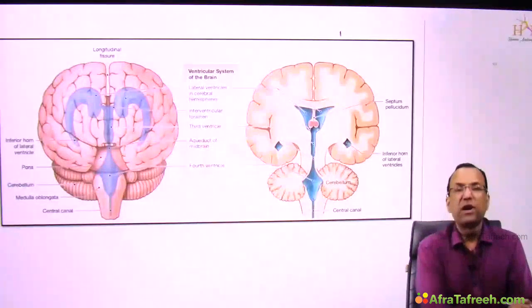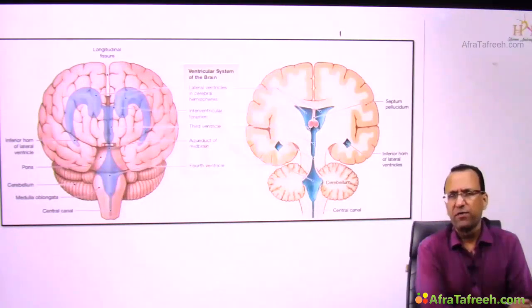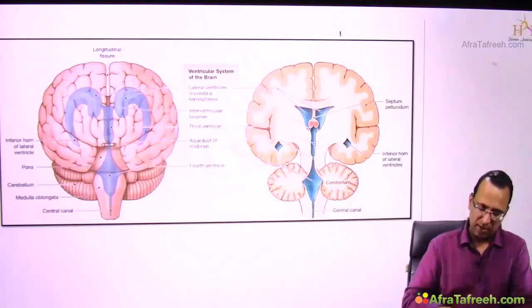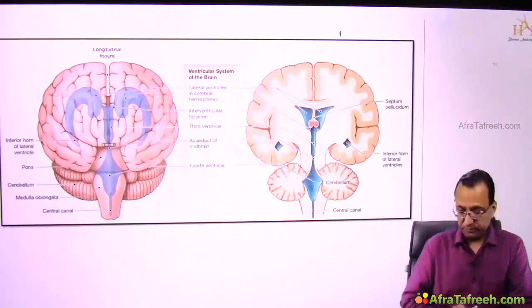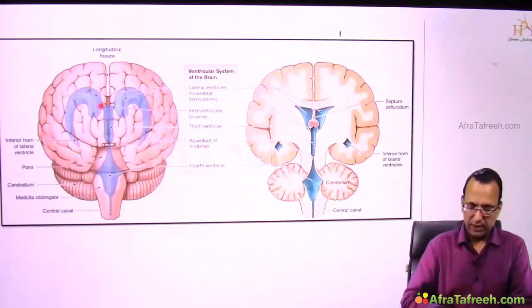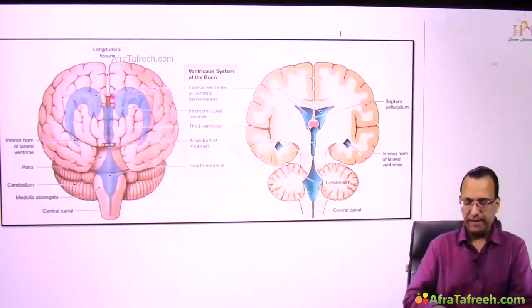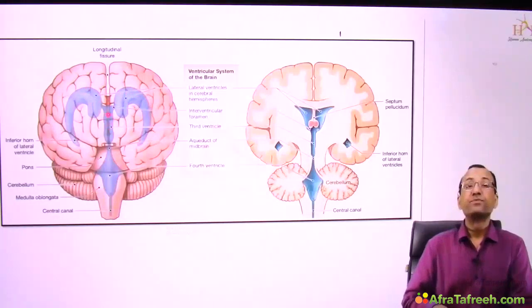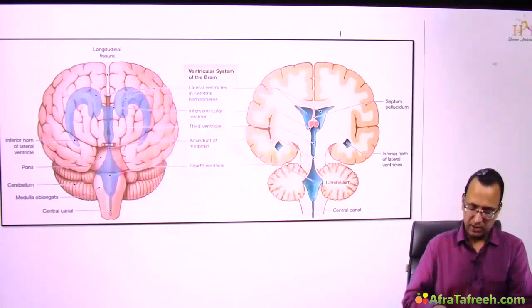And this is the front view of the brain. If you look at the front view of the brain, again you can discuss that the lateral ventricles have a C shape. This is the lateral ventricle on one side, this is the lateral ventricle on the other side. They are pouring the CSF into the midline ventricle, which is the third ventricle, by the interventricular foramen of Monro. Then the third ventricle sends the CSF into the fourth ventricle, into the central canal.